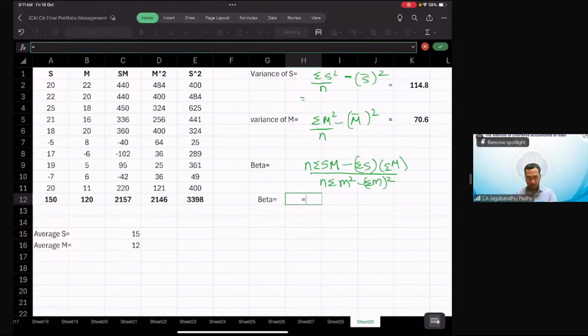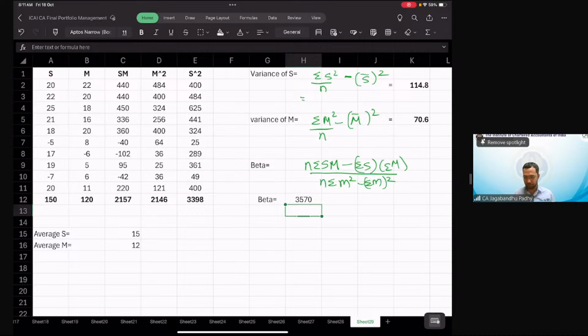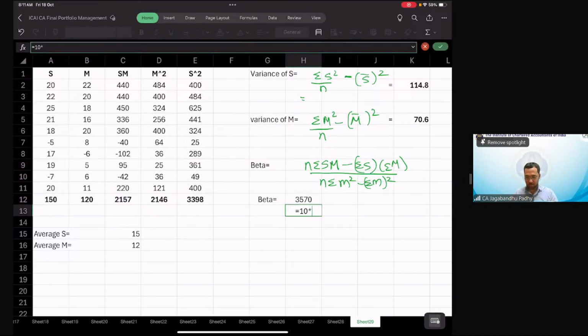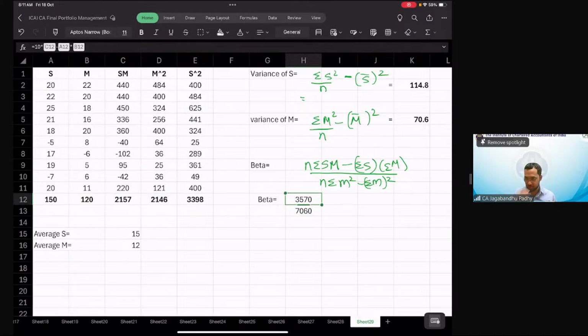Beta is n summation SM, so which is 10 into summation SM minus summation S into summation M, divided by n summation M square minus summation M the whole square. This is 7060.